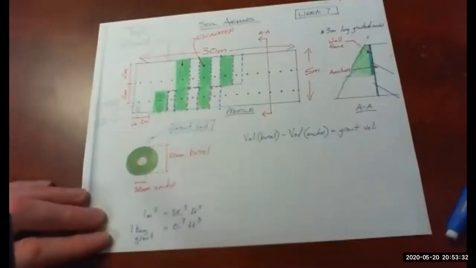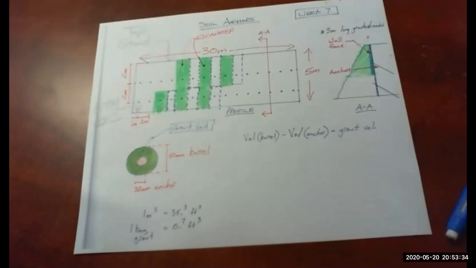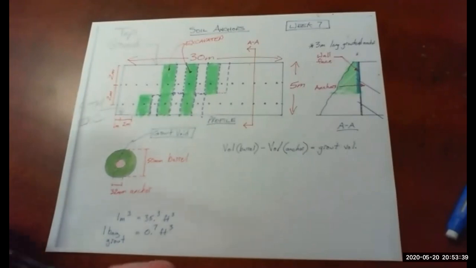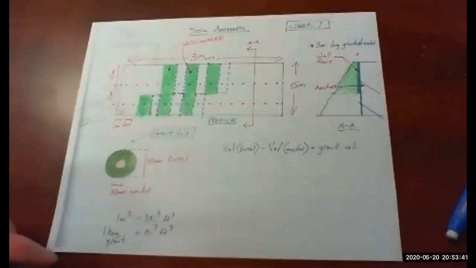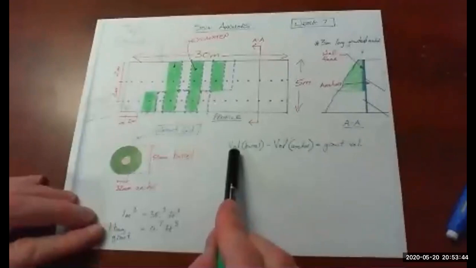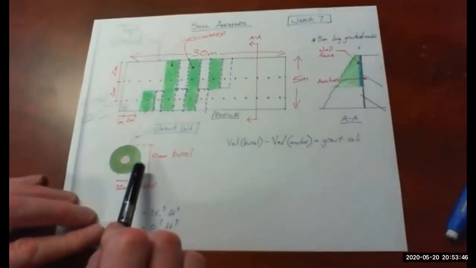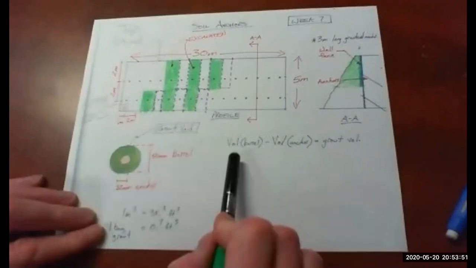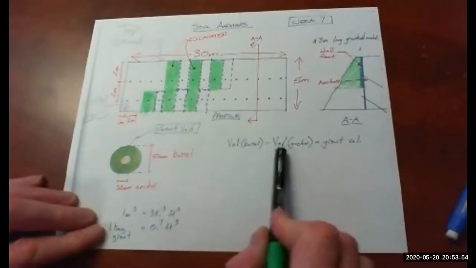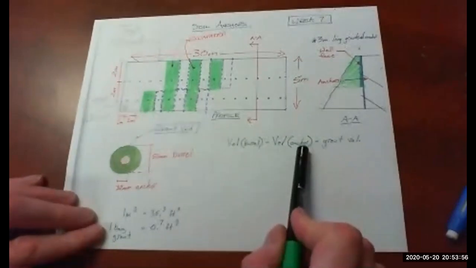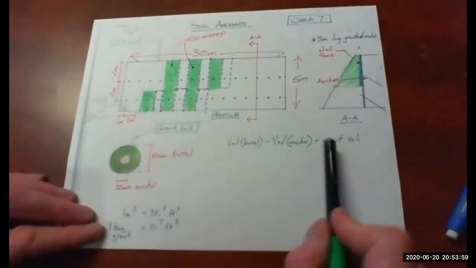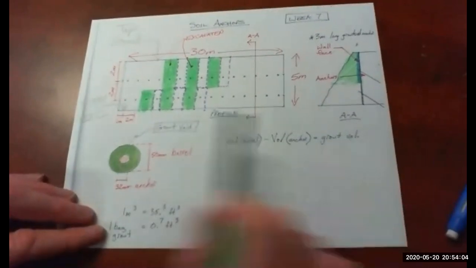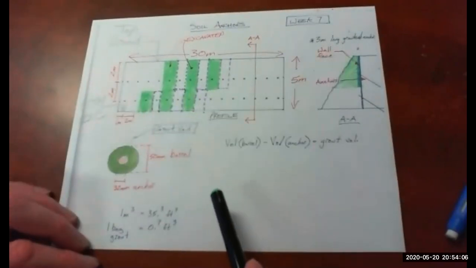That's the space that gets grouted. So you're using your area of circle calculation. You first calculate the volume of the 50 millimeter diameter barrel, and then you subtract from it the volume of the anchor. That'll give you your grout volume for one anchor. Then you simply multiply by the number of anchors that you have.